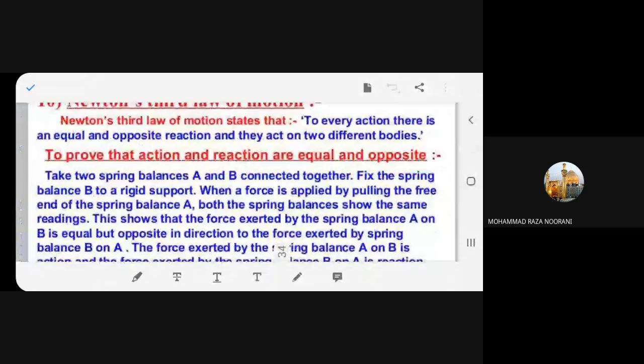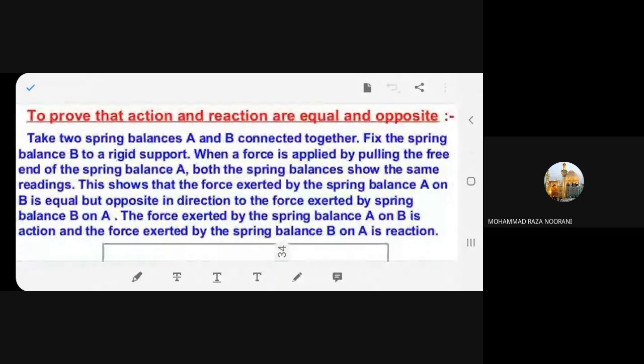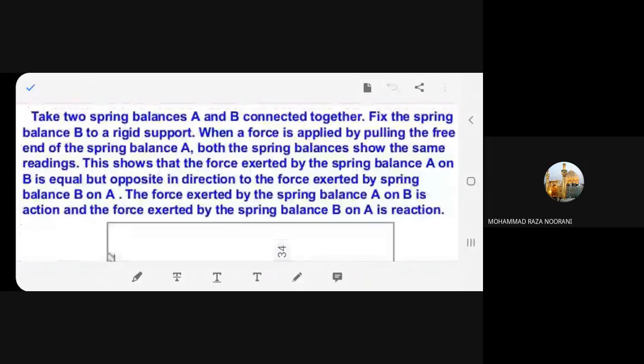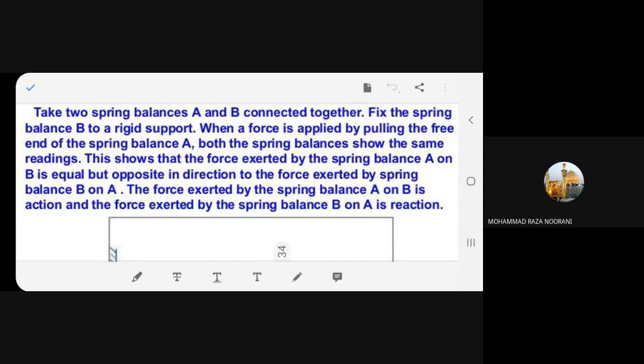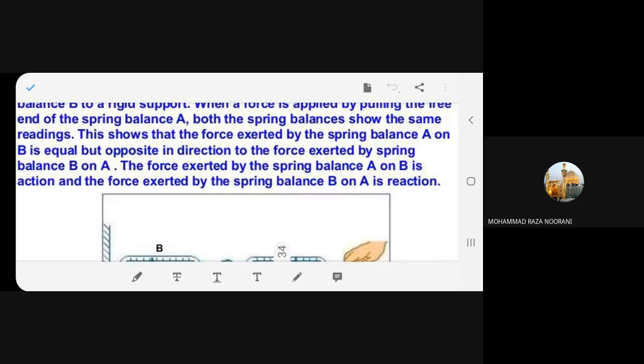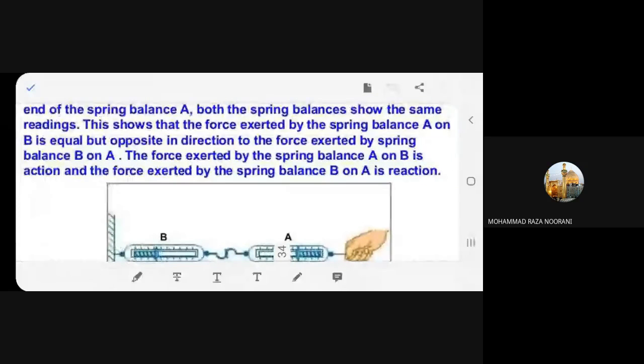Now, how to prove that action and reaction are equal and opposite? To prove this, take two spring balances A and B, and connect them together. Fix the spring balance B to a rigid support. When a force is applied by pulling the free end of spring balance A, both spring balances show the same reading.